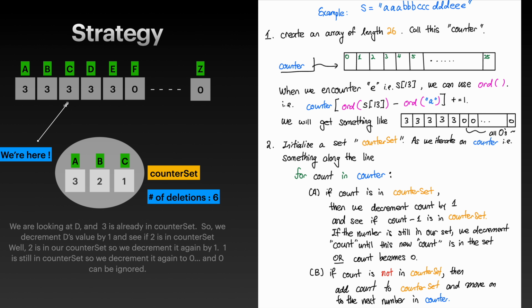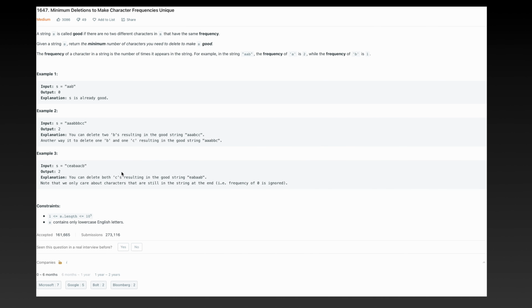Now we are at the 4th position, D, and 3 is in our set, so we decrement this again. 2 is in our set, decrement this again. 1 is in our set, so we decrement this again. Then we get 0, but in the problem statement it says the frequency of 0 is ignored.